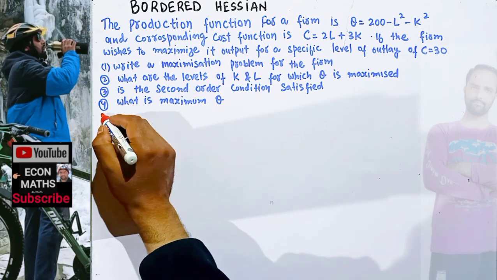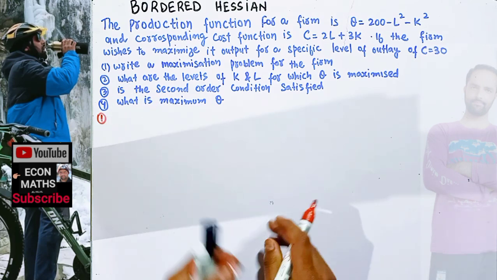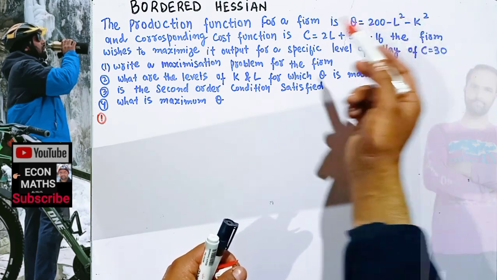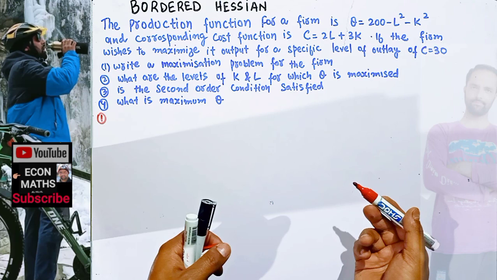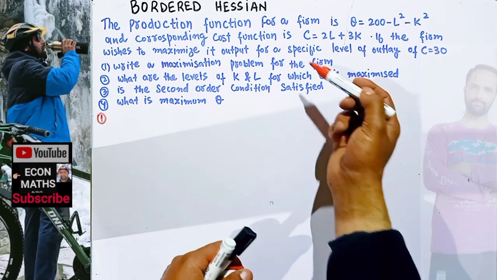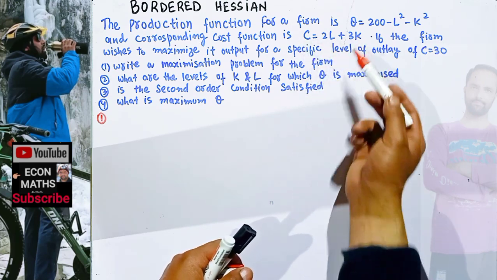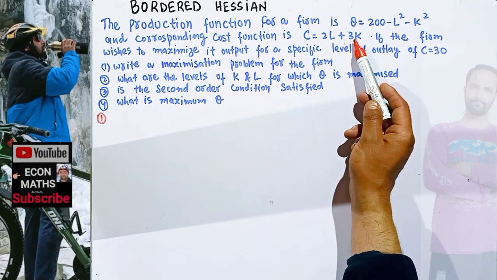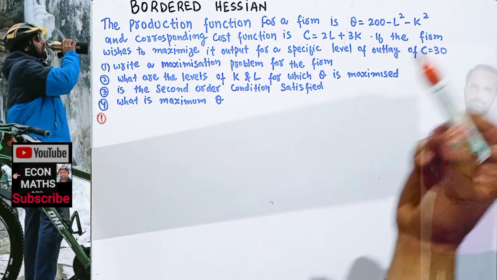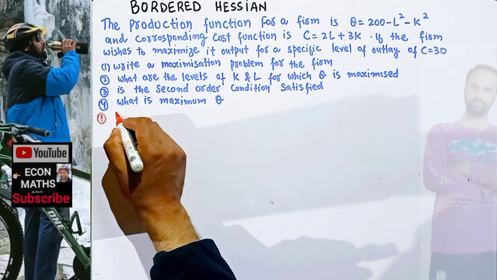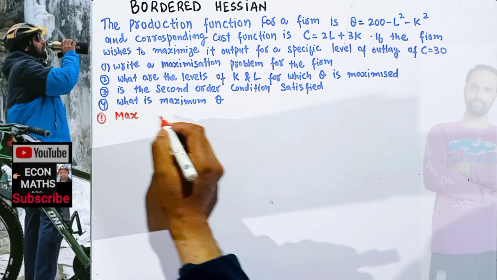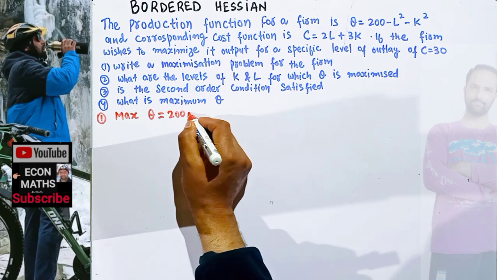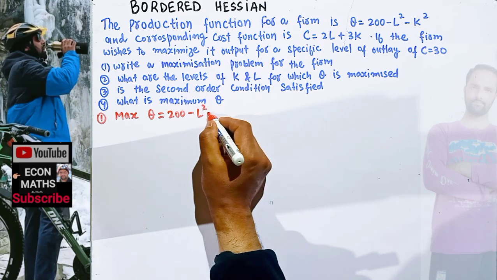For the first question, we are given this production function. We want to maximize this production function subject to the budget constraint. Our price of labor is 2 and price of capital is 3, and total cost is 30. So we want to maximize our output, that is Q is equal to 200 minus L square minus K square.